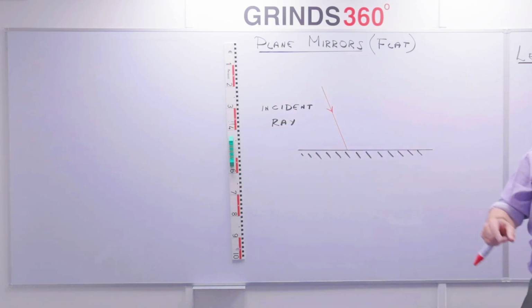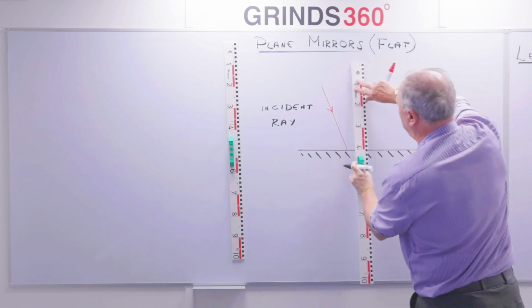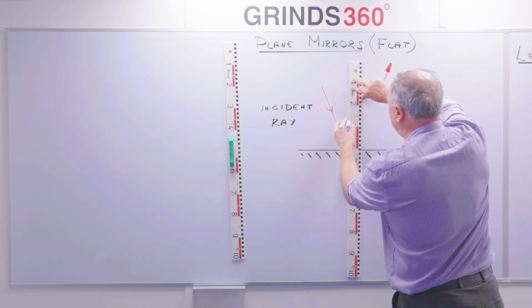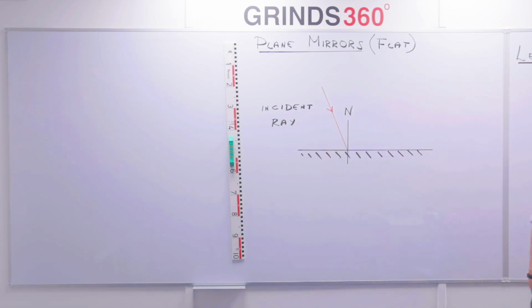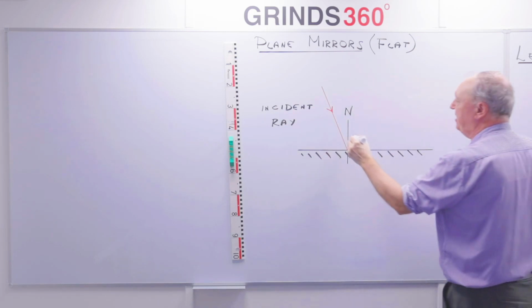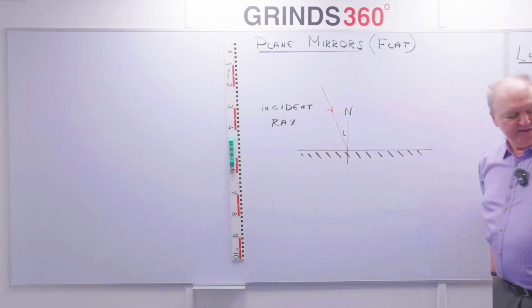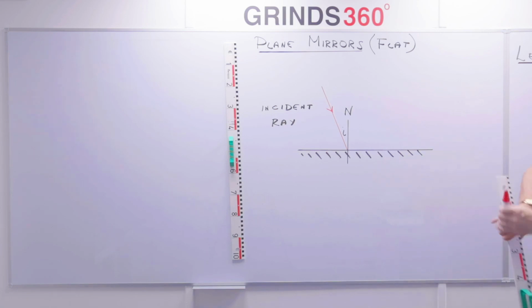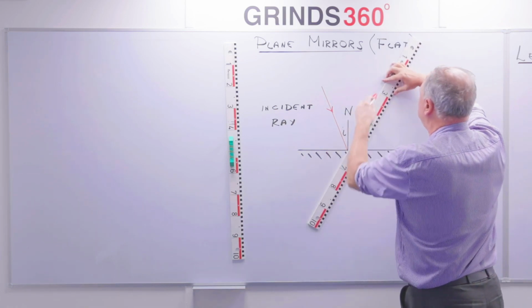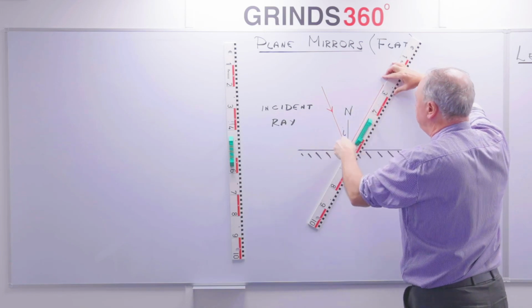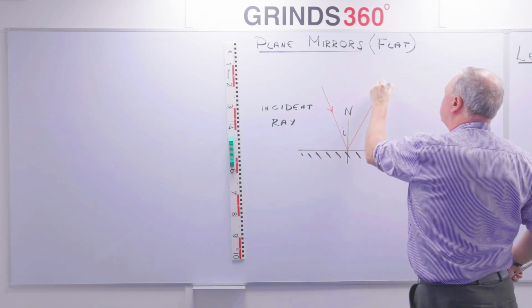You measure angles, of course, with respect to a line perpendicular to the mirror, and that line is called a normal. And the incident ray makes an angle of incidence I to the normal. And then what happens? Well, the incident ray gets reflected, so we get a reflected ray at the same angle as the angle of incidence.